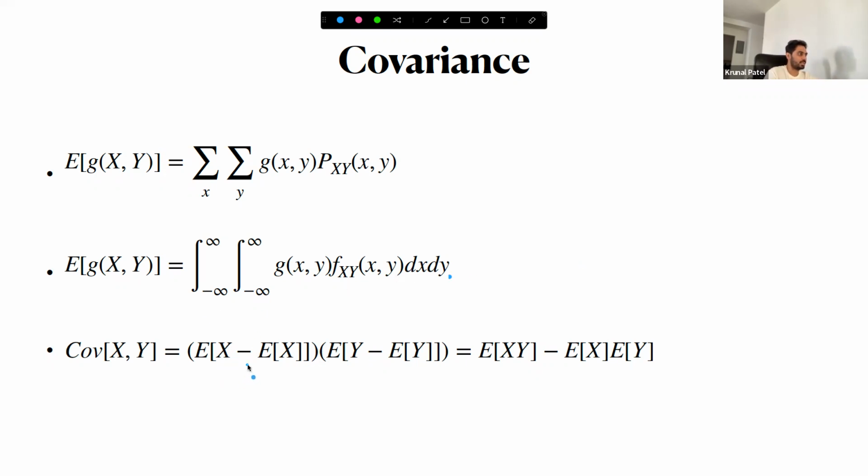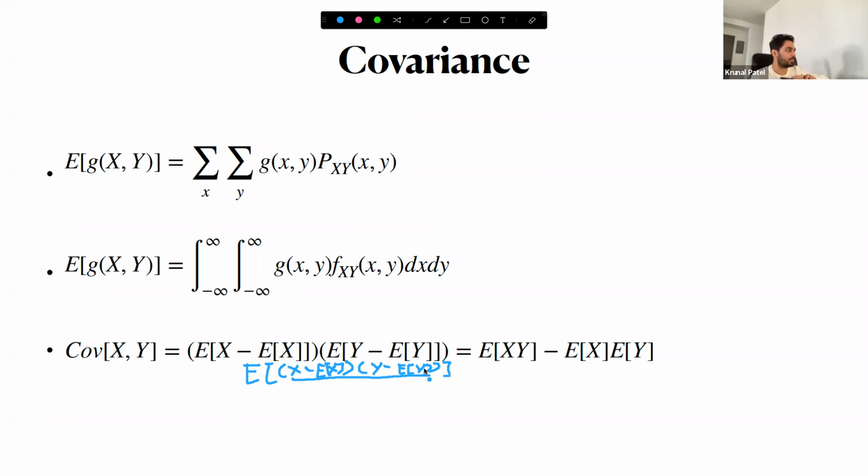It's supposed to be the expectation of this first term, x minus E x, times this second term, which is y minus E y, and then you calculate the expectation of this entire thing.